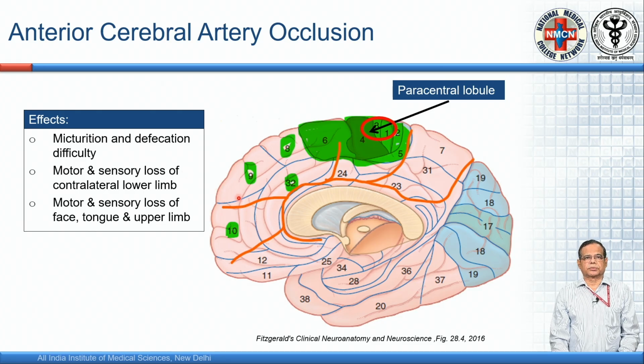So, blockage of the anterior cerebral artery may give rise to micturition and defecation difficulty, motor and sensory loss of the contralateral lower limb and the perineum, also motor and sensory loss of the face, tongue and upper limb if the fibers of these areas pass near the genu of the internal capsule.